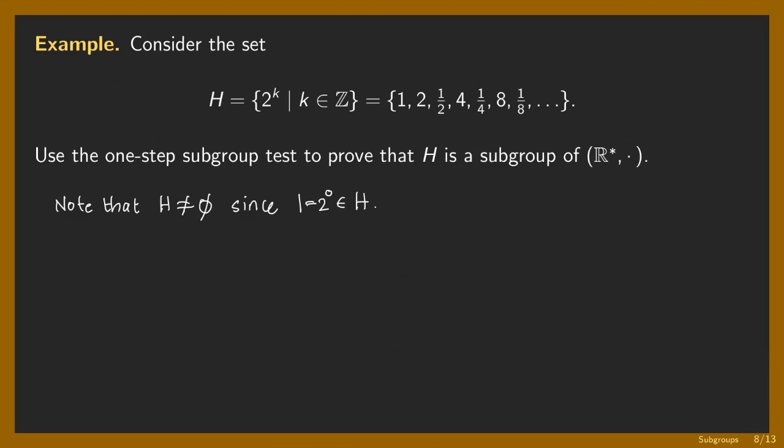So we can now apply the one-step subgroup test. To do this, we will take arbitrary elements. Let's say A and B are what's in the test, so let's use A and B instead.